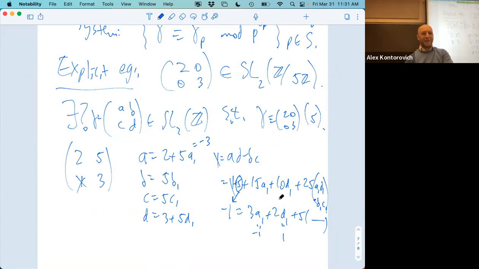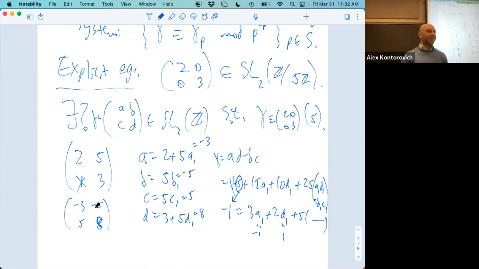I wrote 6 as 1 plus 5, so that 1 cancels off. B1 I'll make the same as negative 1, so B is negative 5. C I'll make the same as positive 1, so C is 5. And D is 3 plus 5, which is 8. So let's see, does that work? Negative 3, negative 5, 5, and 8. This is 3, this is 2, this is 0 and 0, and negative 24 plus 25 is 1.